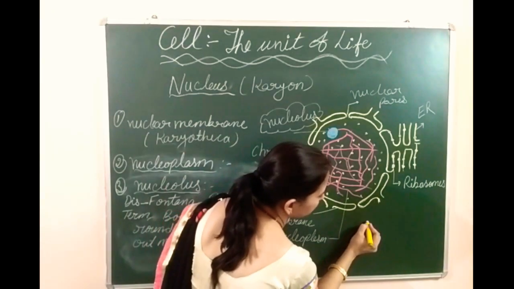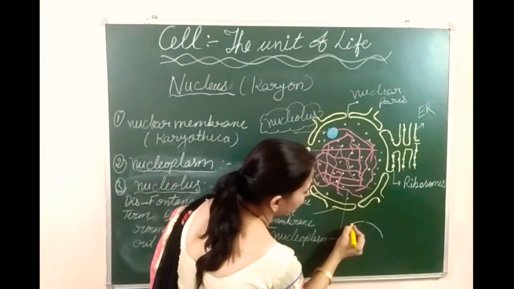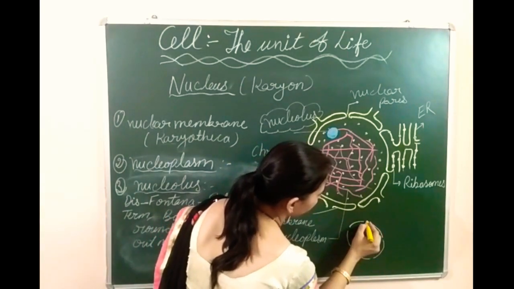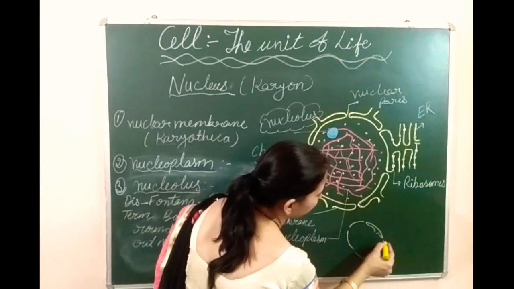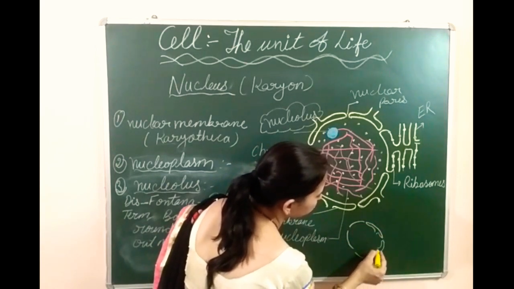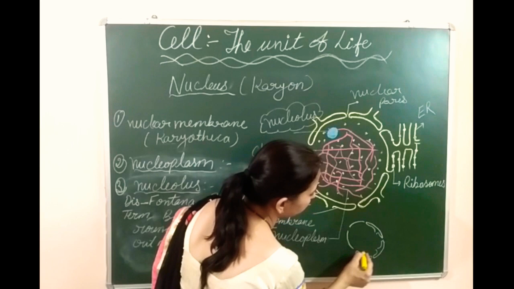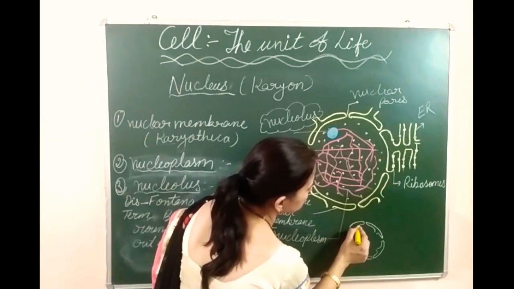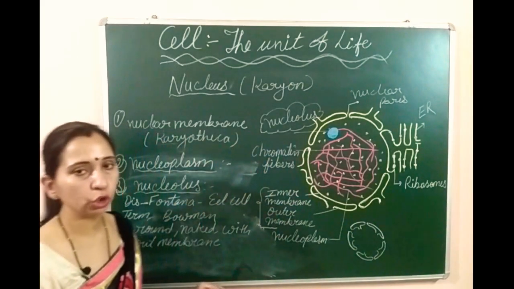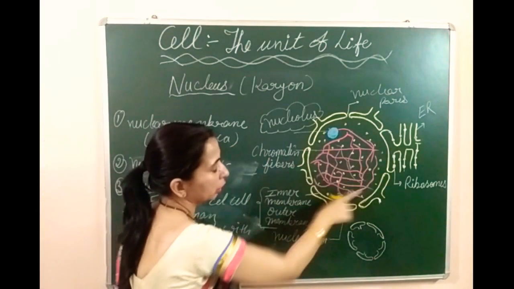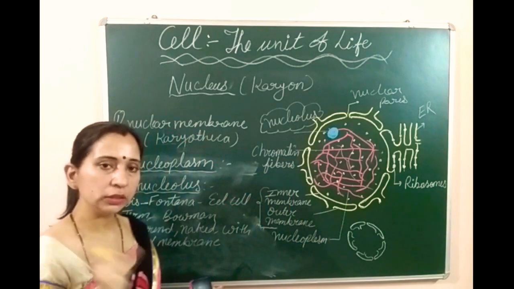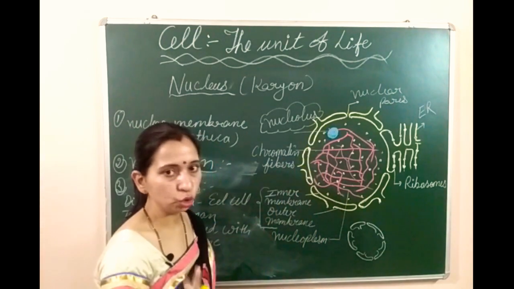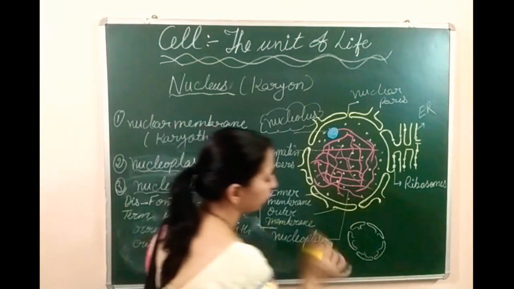Like here, we can see these are the chromatins. These chromatins cover the nucleolus in such a manner that it looks like it has a membrane, but it does not actually have one. यहाँ पे कोई membrane नहीं है.